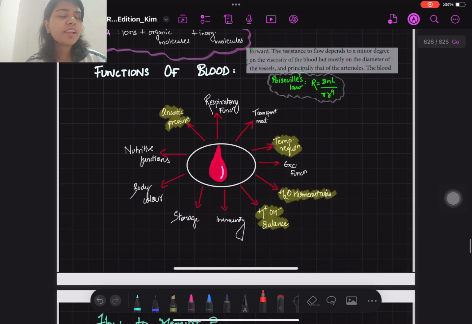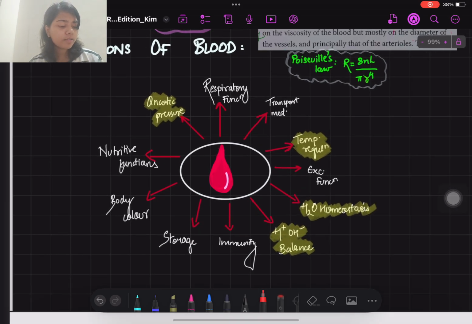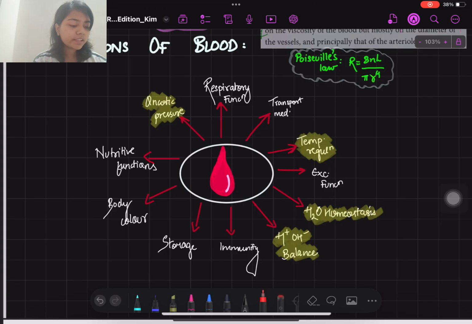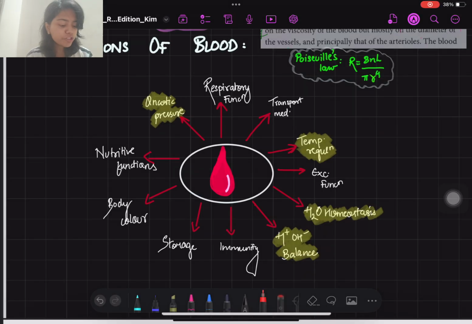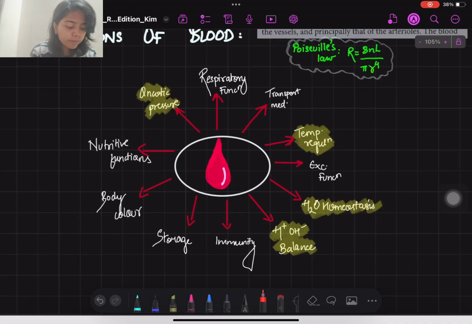Next, functions of blood. See, the major functions of blood you always remember: respiratory function, transport function, excretory. Now the yellow highlighted ones are something different that maybe I have not explained to you.